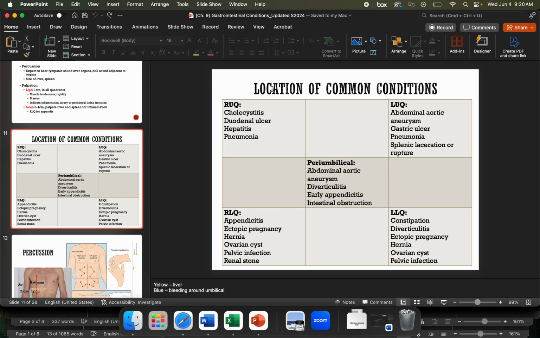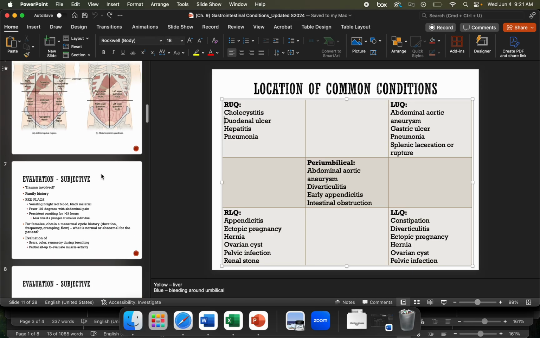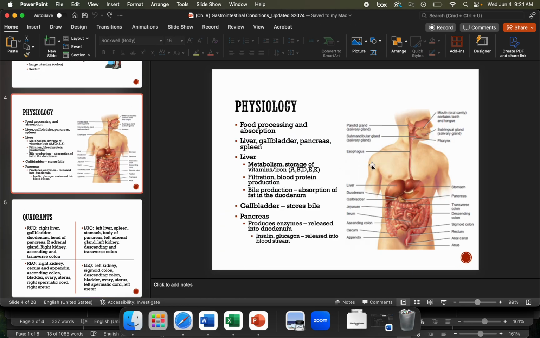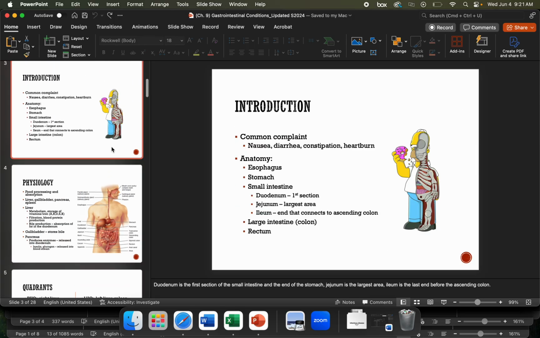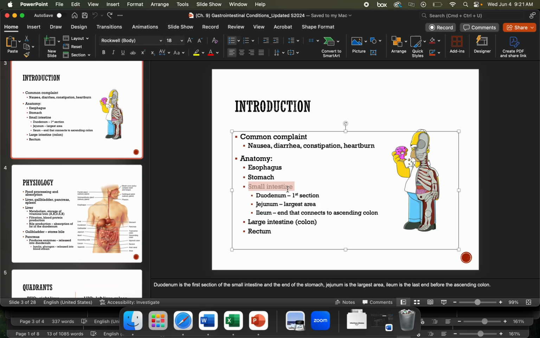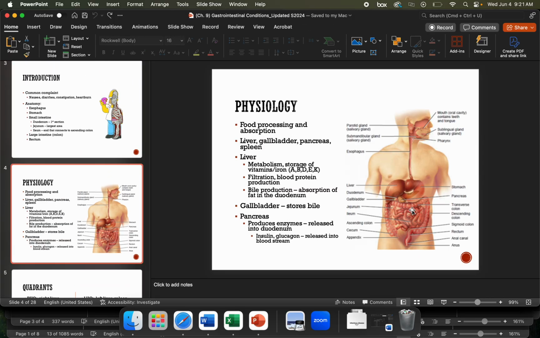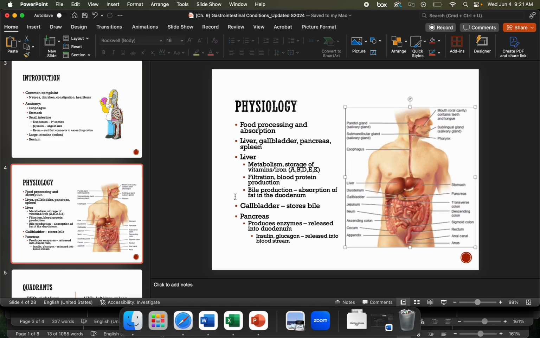Here's a location of common conditions: right upper quadrant, left upper quadrant, left lower quadrant, right lower quadrant. This usually relates to the structures in that quadrant, okay? So the duodenum, just that initial part of the small intestine, if that comes off of that stomach right there, it's going to be right in this upper quadrant.